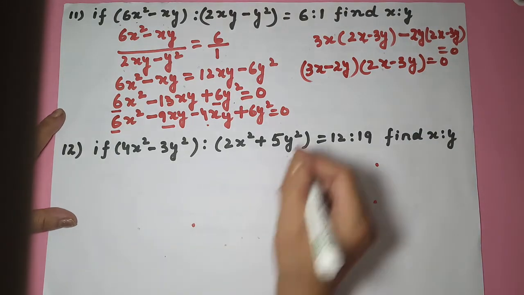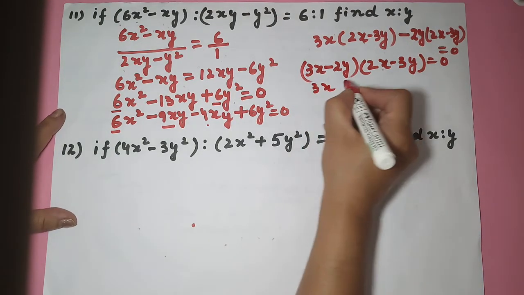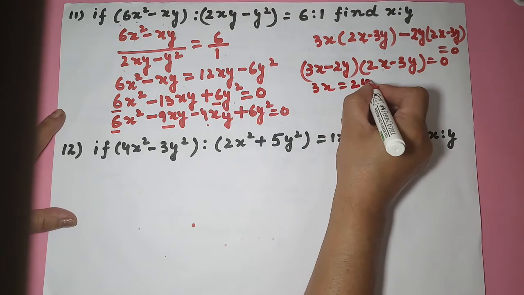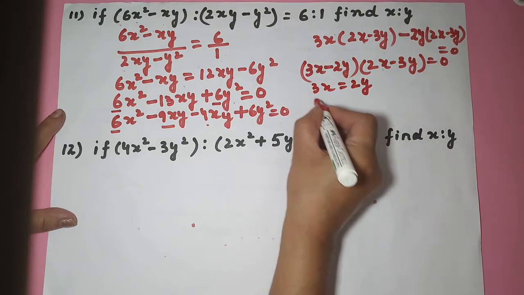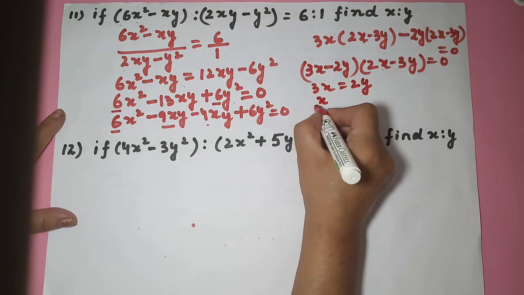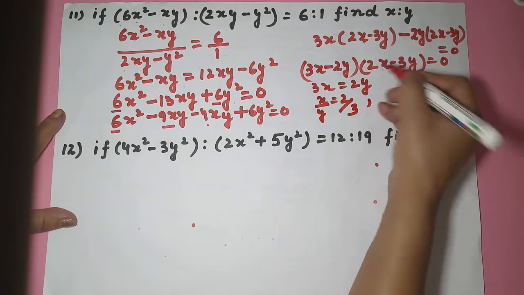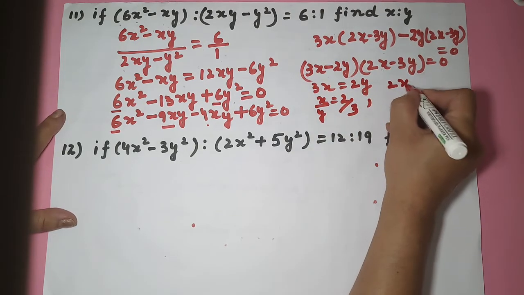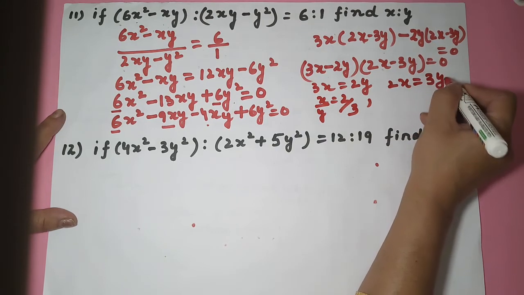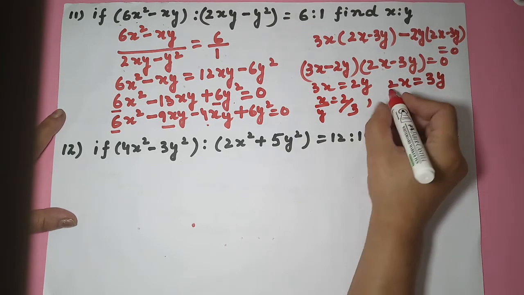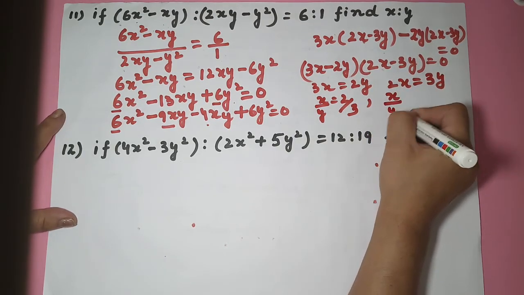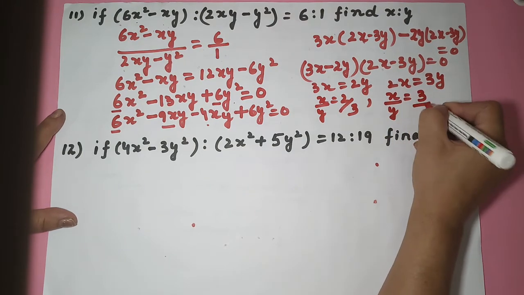Now we know either or. So you have 3x equal to 2y. Shift this y here, this 3 here. So you'll get x upon y is equal to 2 upon 3, comma. Now for this, you will get 2x equal to 3y. Shift this y here and this here. So you'll get x upon y equal to 3 upon 2.